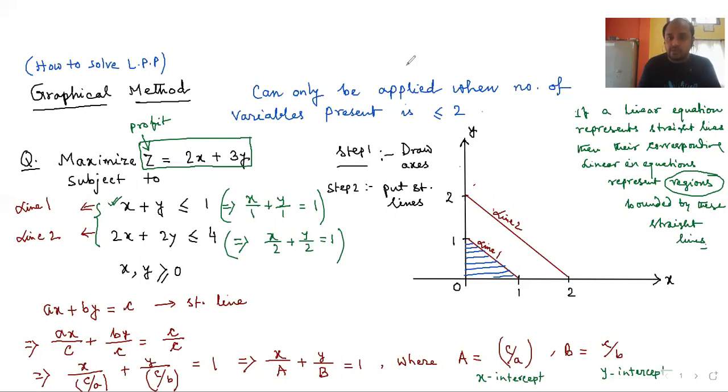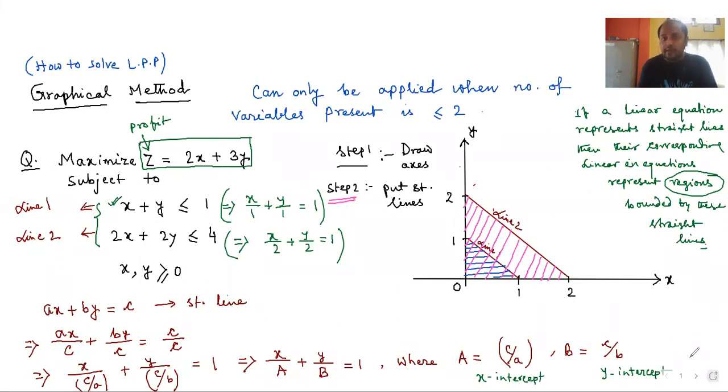So here also I'm going to get the region as marked by pink color, as you can see. But while marking the region, I'm being very careful not to cross the boundary and fall into the other quadrants, which are negative quadrants. So I have done my step 2. I have marked the regions.